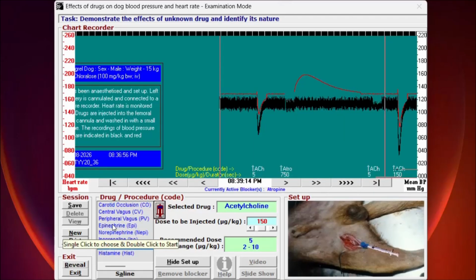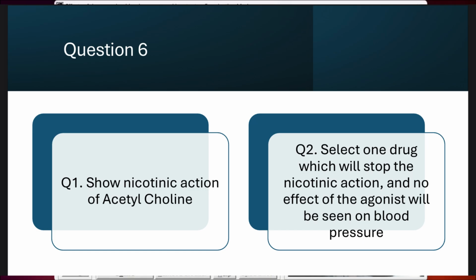सो नाउ लेट्स गो टू द नेक्स्ट क्वेश्चन, दैट इज वन ऑफ द toughest question, and where you can make some mistakes definitely. Usually people make mistakes here. So this is to demonstrate the nicotinic action of acetylcholine, and the second part of the question is to select one drug which will stop the nicotinic action of acetylcholine and no effect of agonist will be seen on blood pressure.